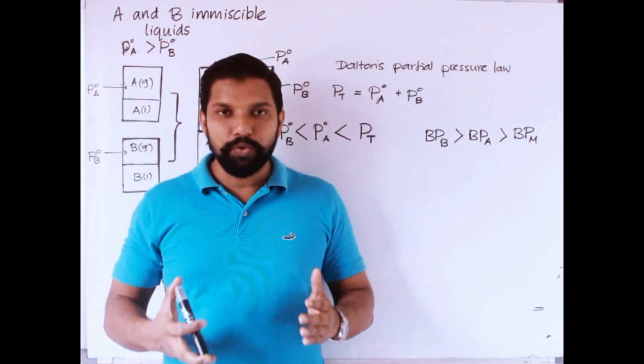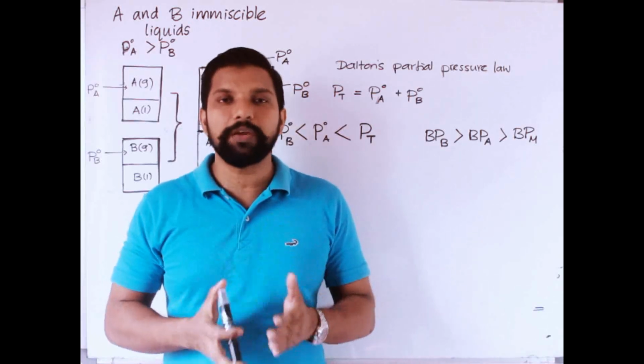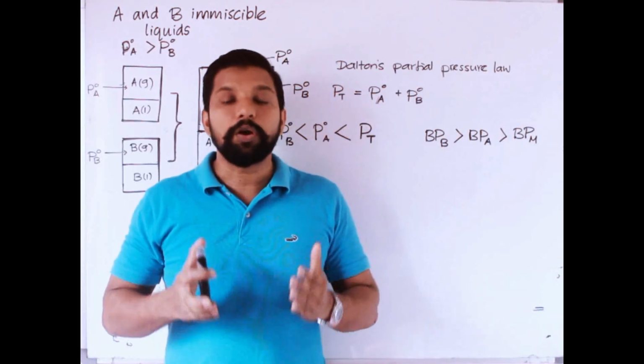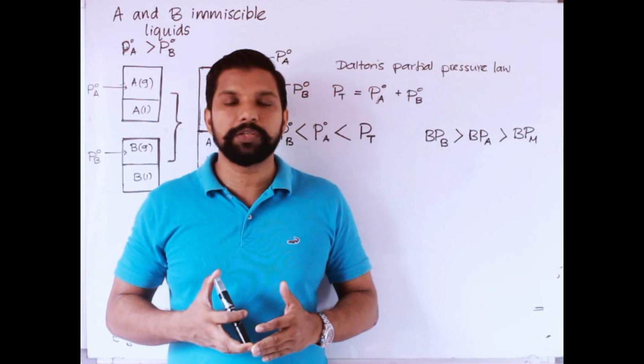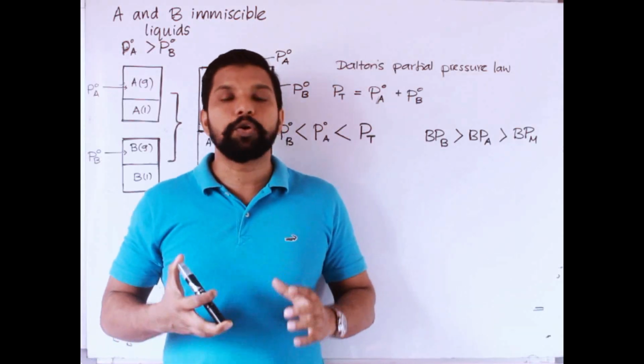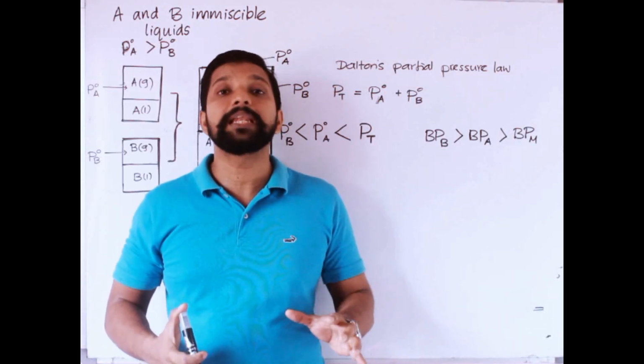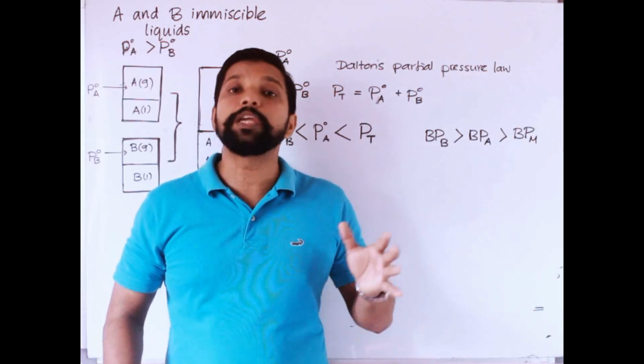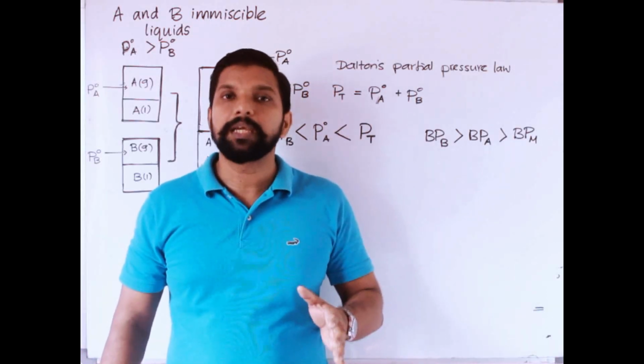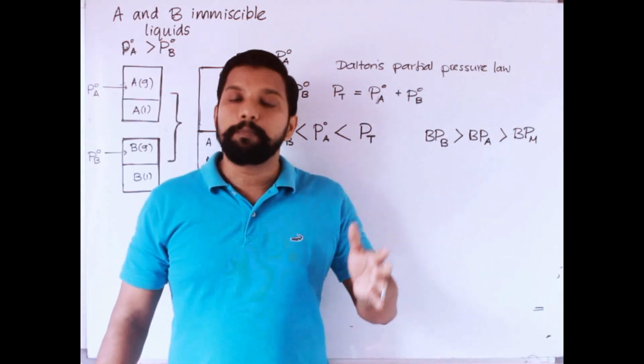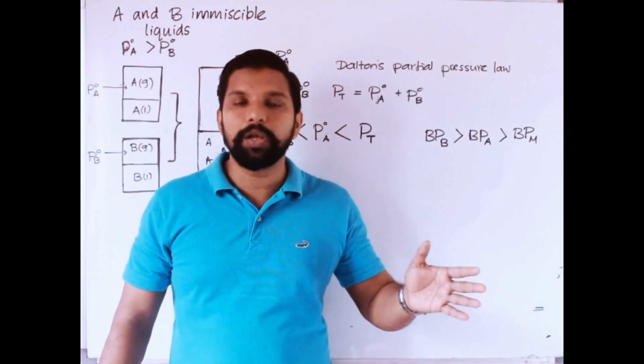So we understood the situation when the two liquids are not miscible, only Dalton's partial pressure law is going to work here, and the total pressure is always greater than the saturated vapor pressure of each component. That means it is going to boil before both the pure liquids.